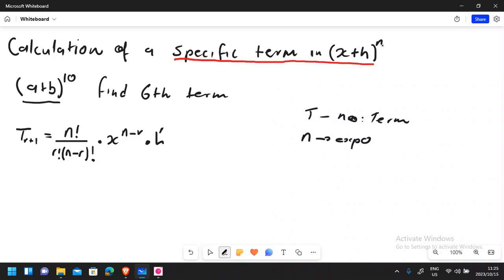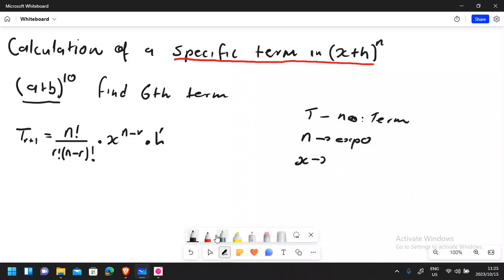So as you can see from the equation there, n is the exponent, and then x. Well, x is basically in this case a. So x is the term within the bracket, which is the first term. I'm talking about this bracket here.